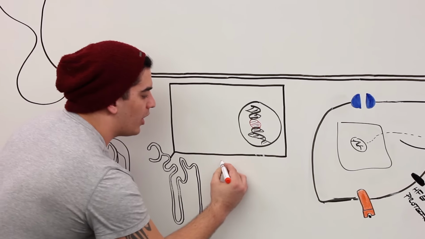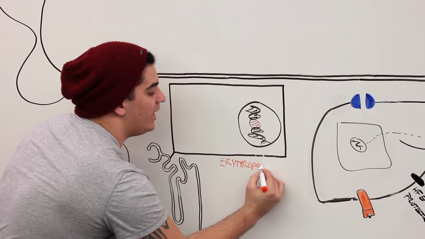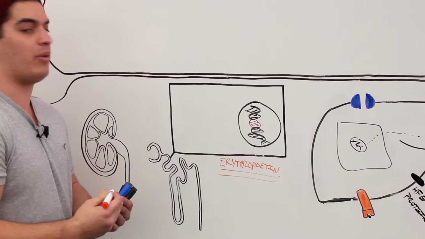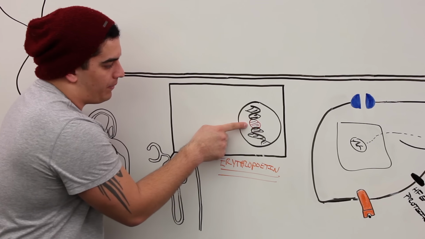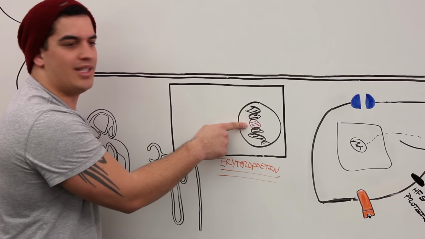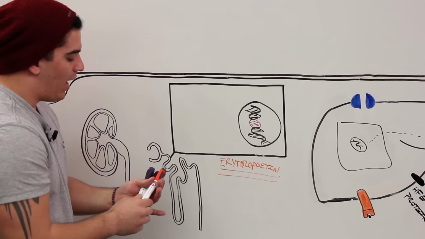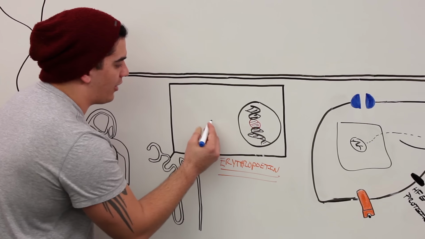EPO stands for erythropoietin, a super, super important hormone that we're going to have to know. And I'll explain why. We're going to refer to it as EPO because it's easier to write and easier to spell. Here's the gene.